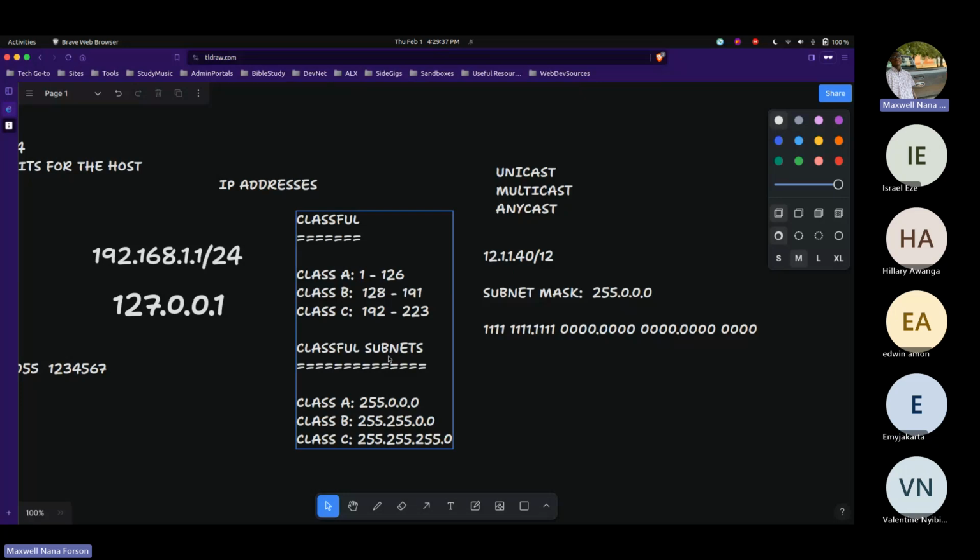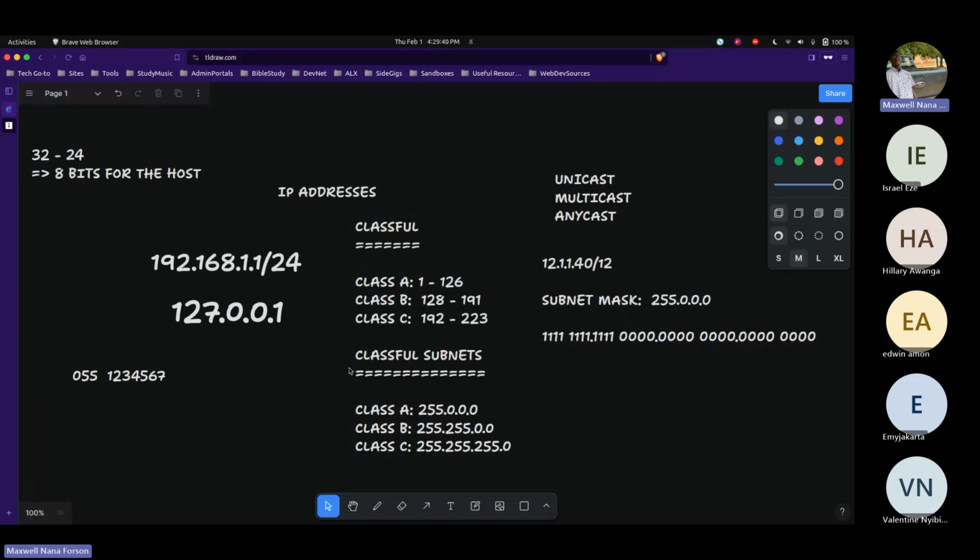Okay, so for the subnets, I was trying to relate to the fact that we have phone numbers, and then some parts of the phone number tell us which part of the number belongs to us and which part belongs to the telecommunication company.